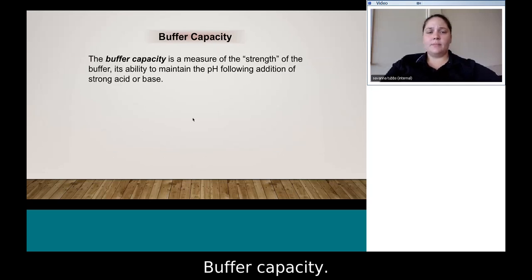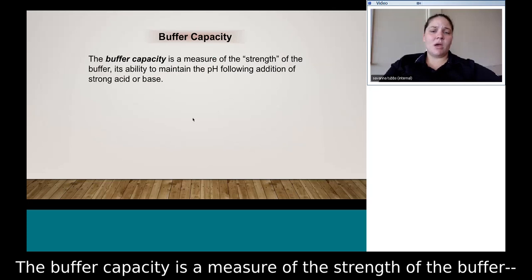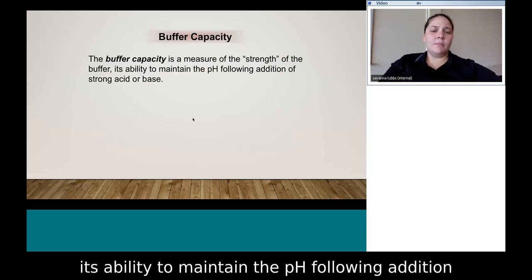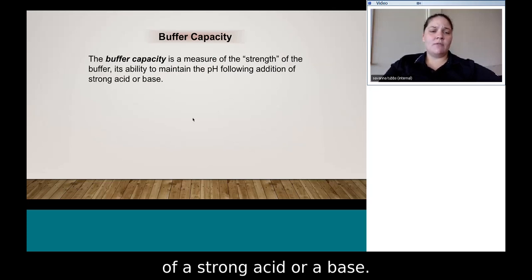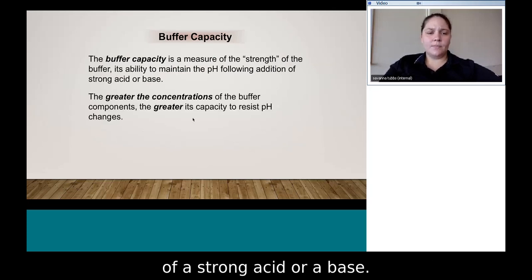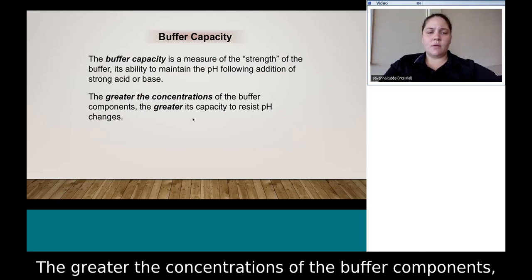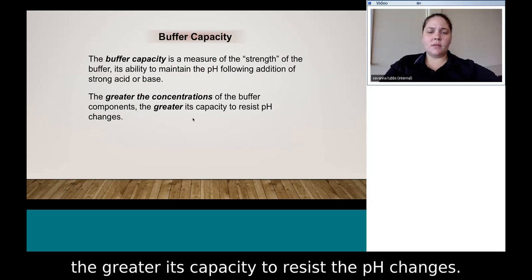Buffer capacity. The buffer capacity is a measure of the strength of the buffer, its ability to maintain the pH following addition of a strong acid or a base. The greater the concentrations of the buffer components, the greater its capacity to resist pH changes.